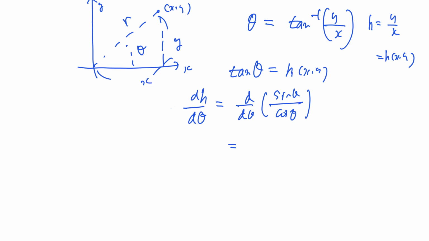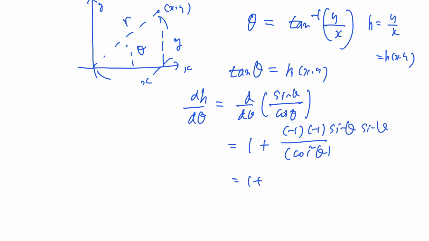We have 1 plus, actually minus cosine square theta minus sine theta, right? 1 plus tangent square theta.